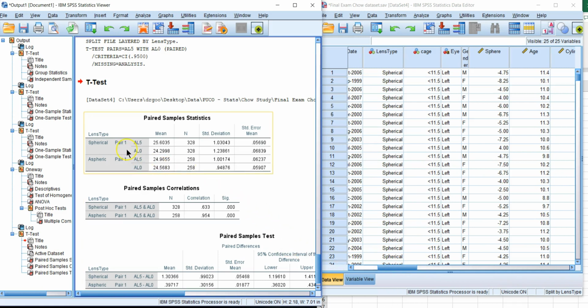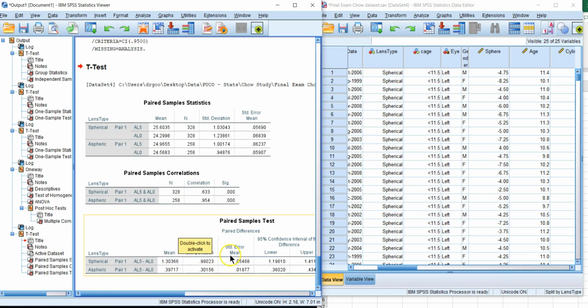So for the spherical lens, the axial length mean is 25, and the baseline was 24. Looking down here, we see that they differed.